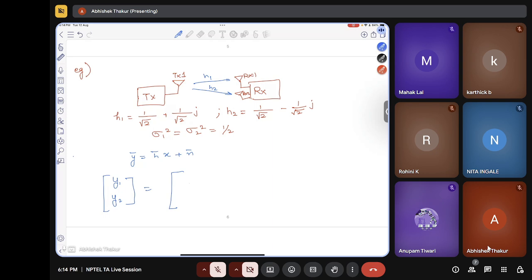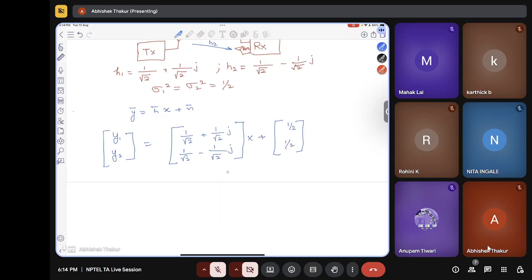This is the y vector, and the h vector is 1 by root 2 plus 1 by root 2 j, 1 by root 2 minus 1 by root 2 j, again times x, plus the noise, that is half and half.